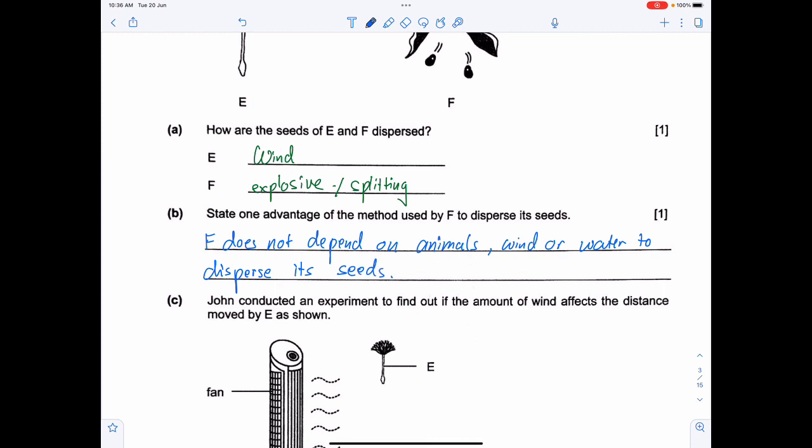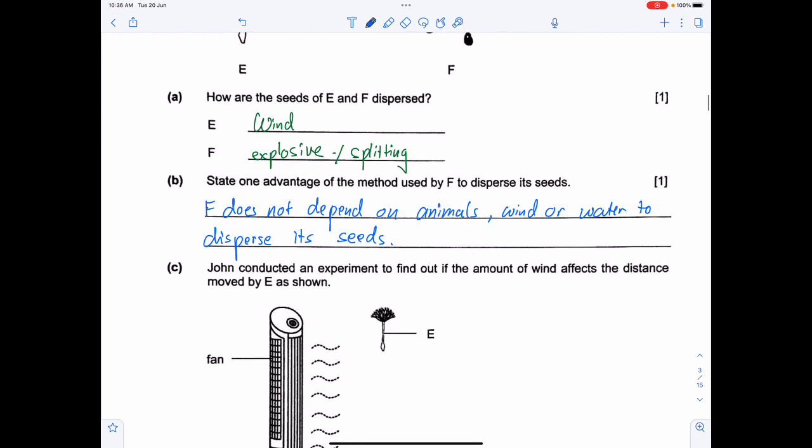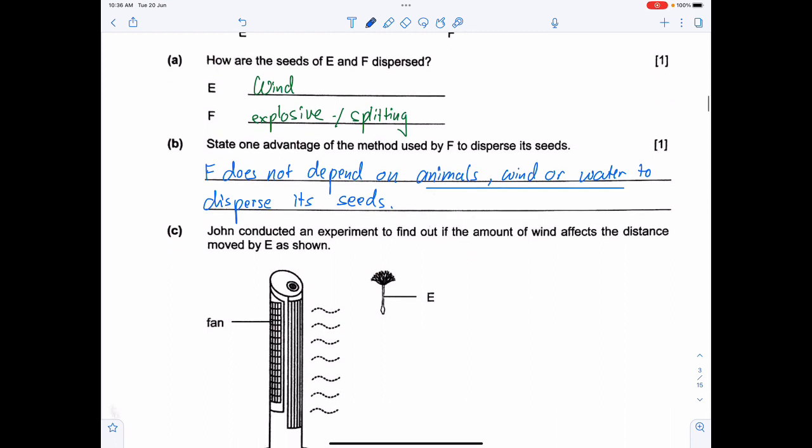Right? That's all. So we must be specific about this. What is it that you learned? You've learned animals, wind and water. So you just state it down. Perfect answer. Next.